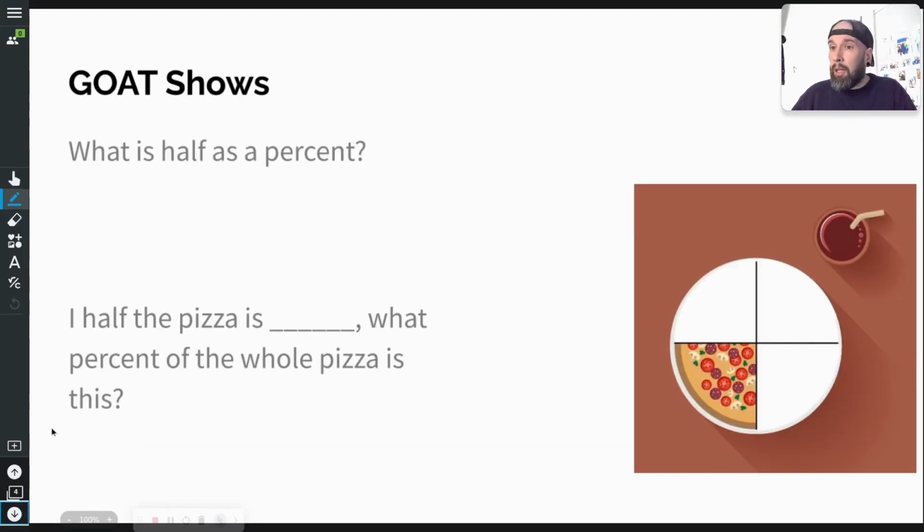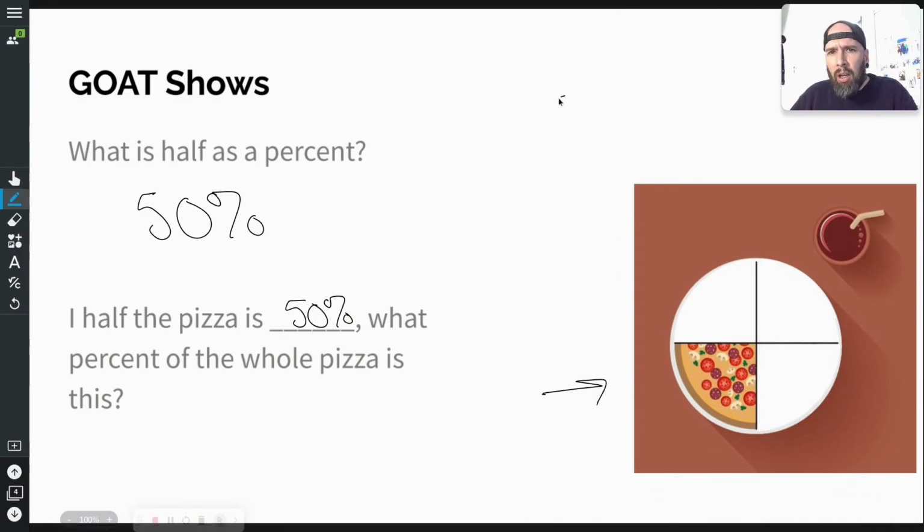Now, speaking of half, what is half as a percent? Well, half as a percent is 50%. Now, if half that pizza is 50%, what percent of the whole pizza is shown? Half of a pizza is going to look like that.